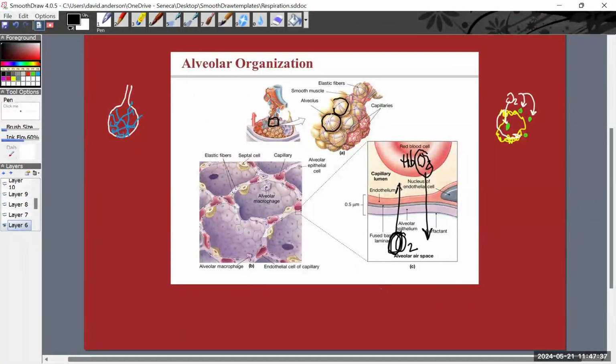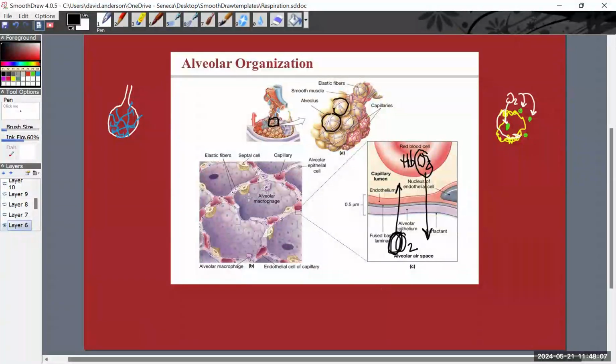So there's another factor. Gases are lipid soluble, which means they do not require a channel to cross. They can cross from an area of high concentration to an area of low through the membranes of the cells because they're lipid soluble. So we have all these factors that are making exchange of gases in the lungs favorable.